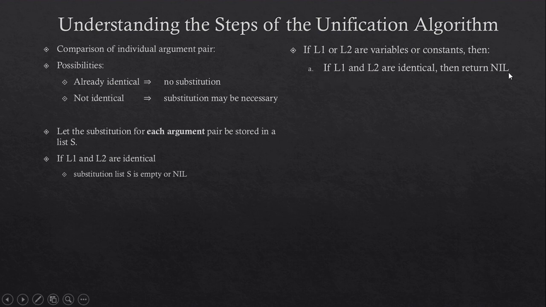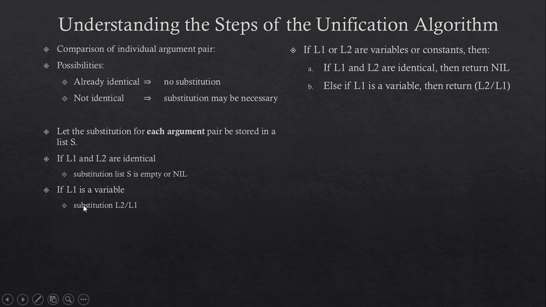If L1 is a variable, then irrespective of whether L2 is a variable or a constant, we make the substitution L2 for L1. So now S contains L2 for L1.